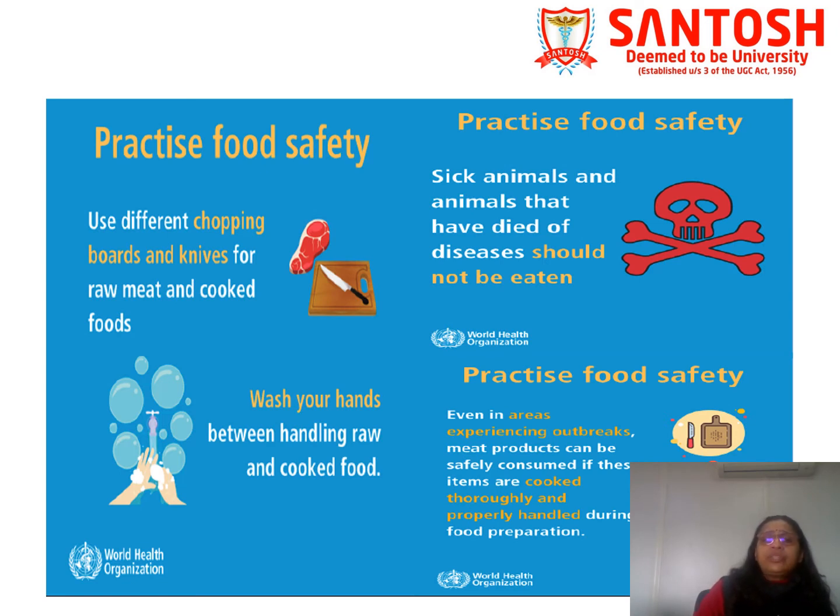Now, in relation to food also, the WHO had given some advisories, like use different chopping boards and knives for raw meat and cooked foods, because earlier it was thought to be spread through animals as well. Sick animals and animals that have died of diseases should not be eaten. Practice food safety even in areas experiencing outbreaks.